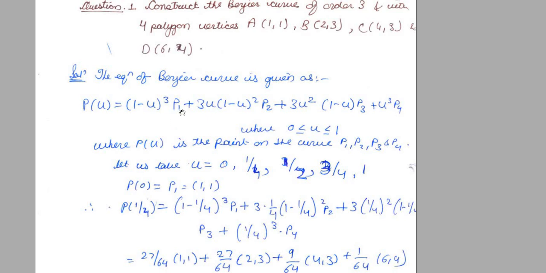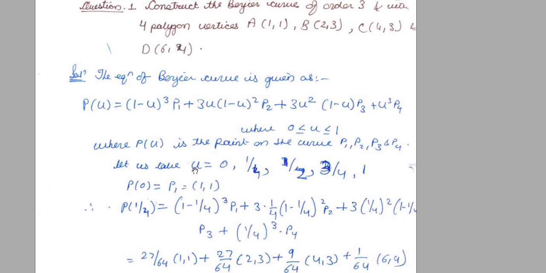Here we are representing the points as P1, P2, P3, P4, where u ranges from 0 to 1, and P of u is the point on the curve. This problem is two-dimensional because the points are represented in x and y format.